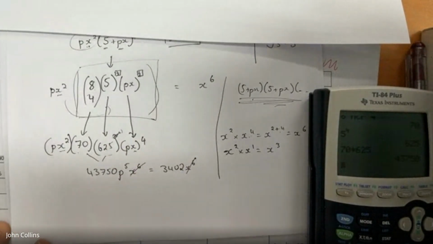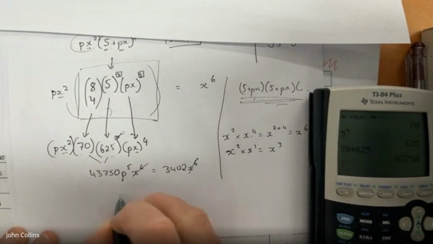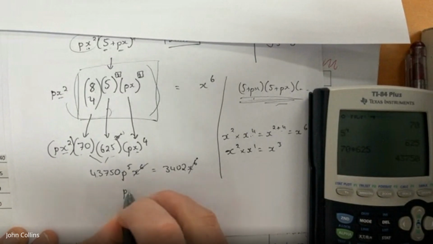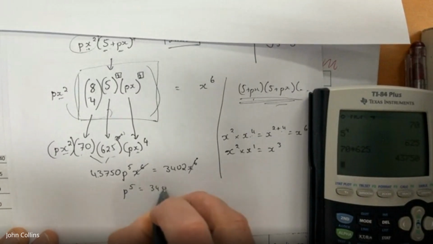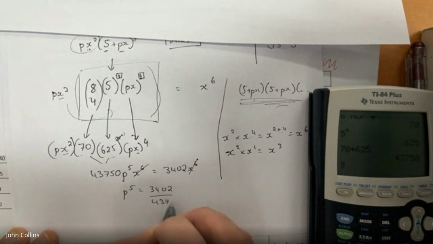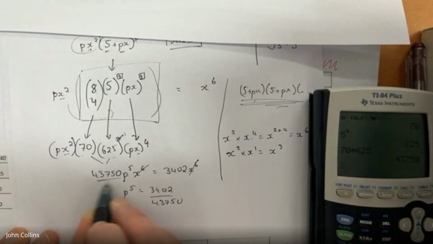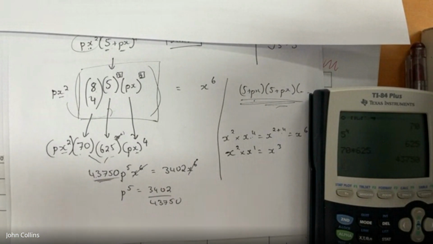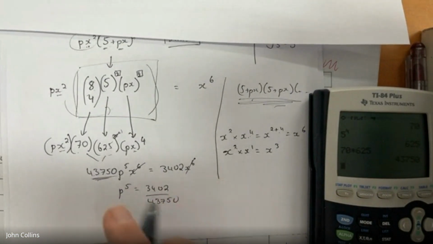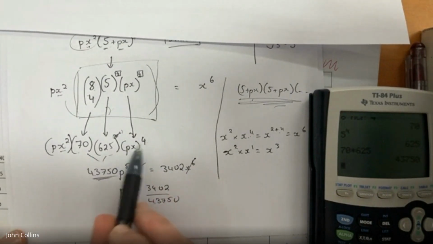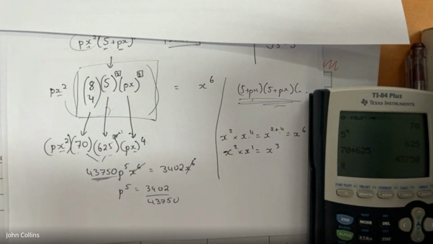All right, nearly done. How do I solve this then? Divide both sides by 43750. Where's the p to the 5? P to the 4 is from here, and there's another p here, so p to the 5.